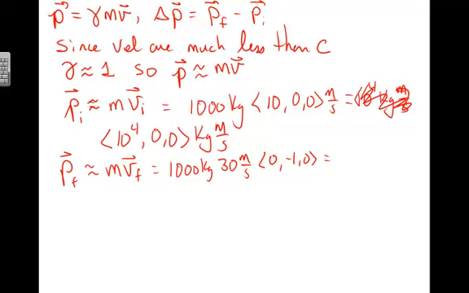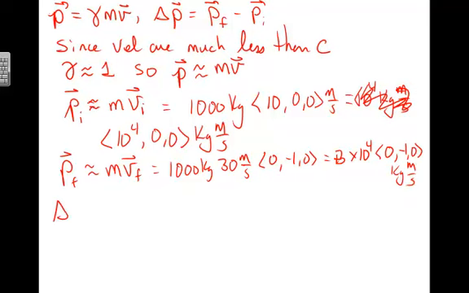So that comes out to be 3 times 10 to the 4, and this -1 is going to give me a negative, and I'm just going to leave the 0. Actually, let's leave the -1 in there: <0,-1,0> kilogram meters per second.